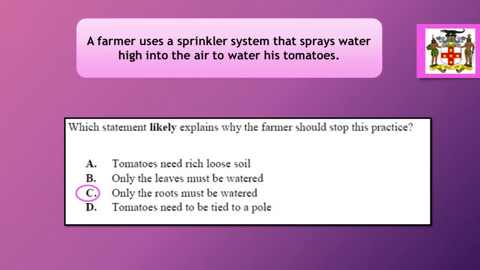Let's look at the options B and C. Only the leaves must be watered and only the roots must be watered. Again, if we look at our passage, we will find out that in the passage, that answer is given. We are told that only the roots must be watered. And so that is our answer.